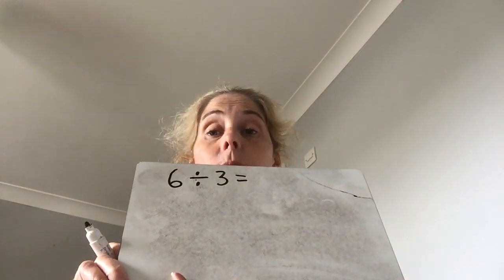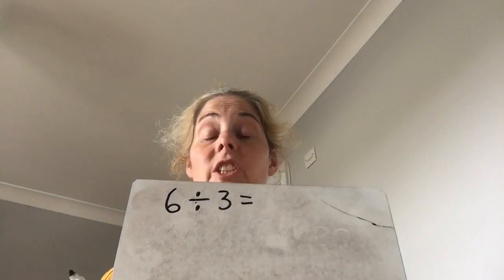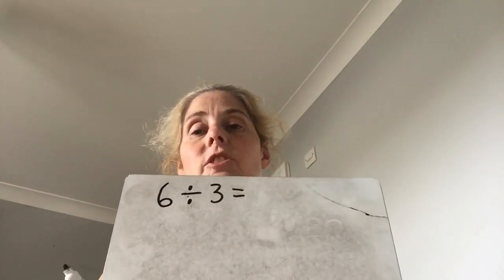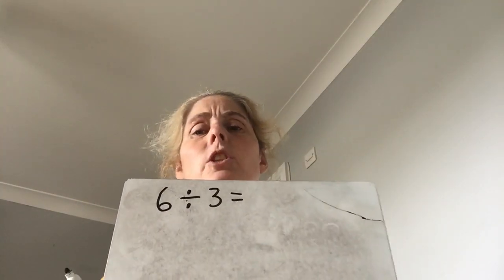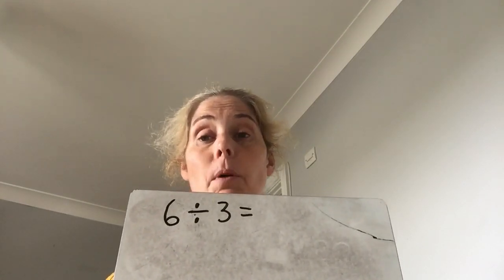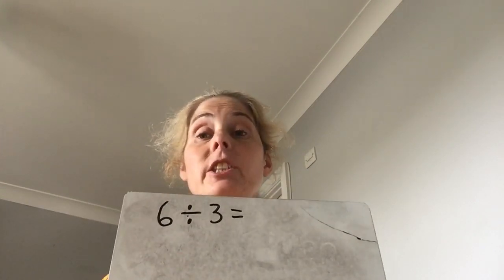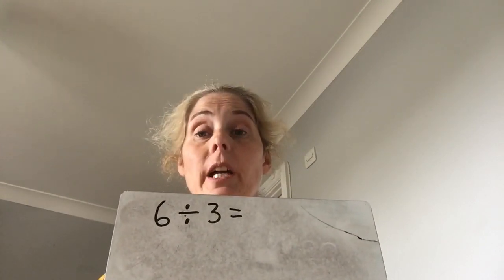6 divided by 3. Now, the first way to look at a division is it's the same as sharing. When you're sharing something out between people or between animals, it's to do with sharing, okay?